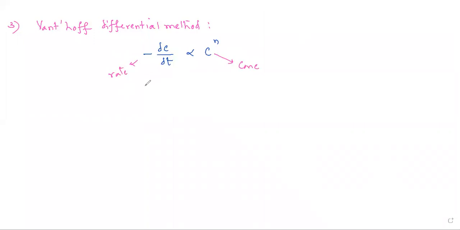Now, taking two different cases: minus dC1 by dt is proportional to C1 to the power n. Then minus dC2 by dt is proportional to C2 to the power n.